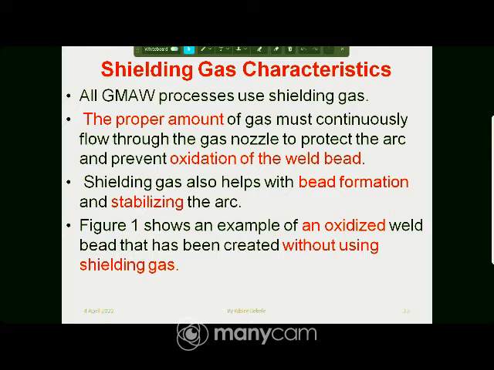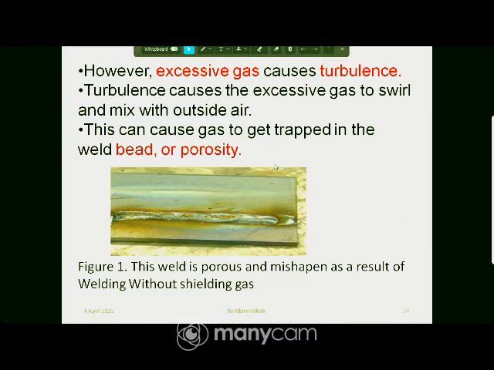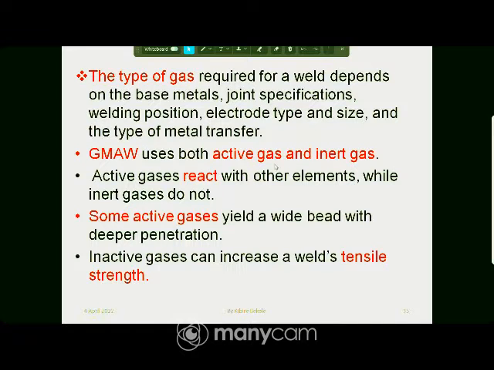Shielding gas also helps with bead formation and stabilizing the arc. So generally the shielding gas is to protect the welding area from air contamination. So there are different types of welding gas.